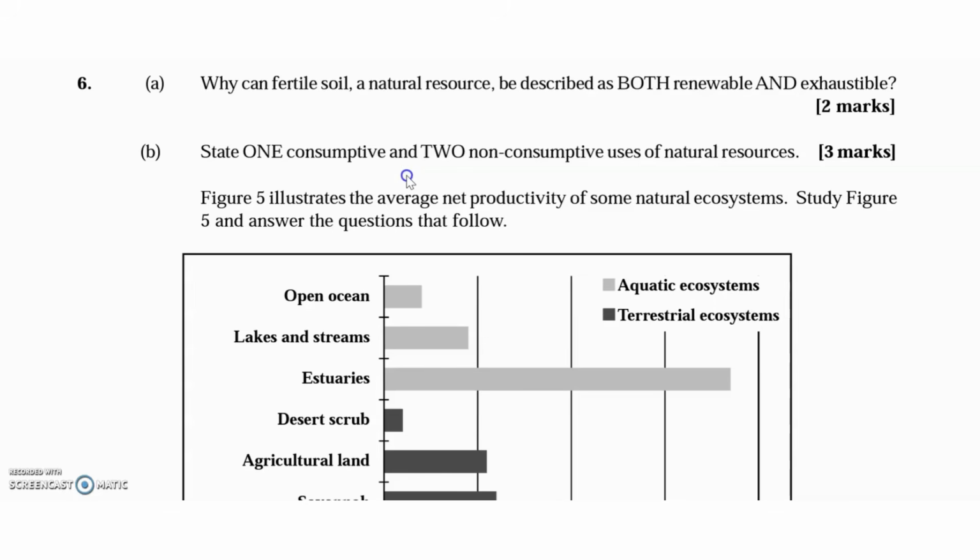All right. 2 non-consumptive uses of natural resources can be, number 1, recreational activities involving hiking or trekking, and also research. When I say research, I'm talking about ecological research, which may involve observation of the existing biota in the environment or the habitat itself.